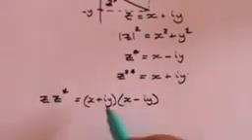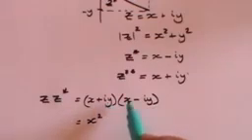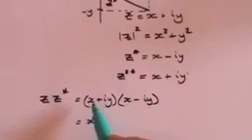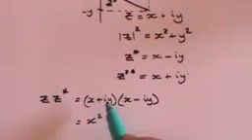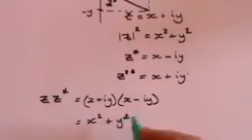And what you're going to get there is x squared. The plus iyx will cancel the minus iyx. And so you're now just going to be left with iy times minus iy, which is minus i squared y squared. But i squared is -1. So minus i squared is +1, and that will give you plus y squared.